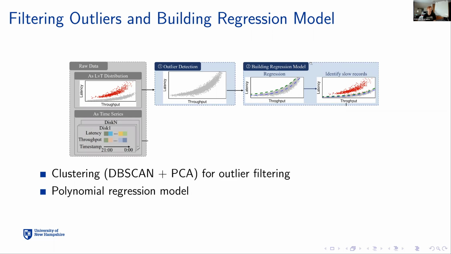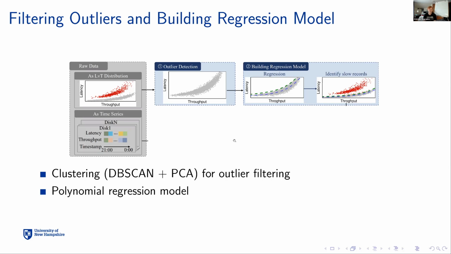From that regression, they also compute an upper bound, which I think is like the 99.9 percentile or something. Everything above this upper bound, they identify as slow records. These slow records are indications of a potential fail slow drive or fail slow event in the system.